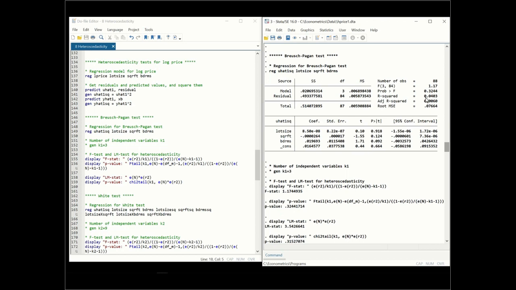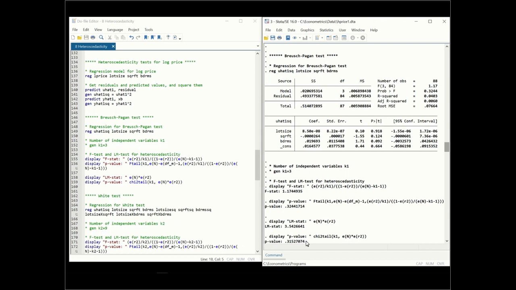So if we look at the F statistic and the p-value for it, we see that 0.32 is greater than 0.05, which means that the coefficients are not jointly significant here. And likewise, the LM test statistic p-value is greater than 0.05.